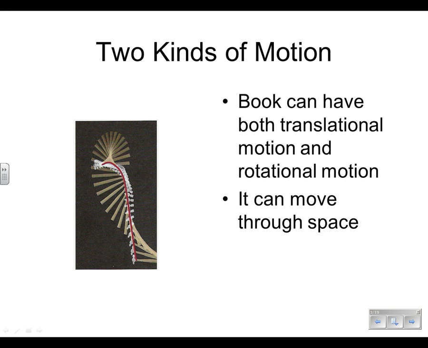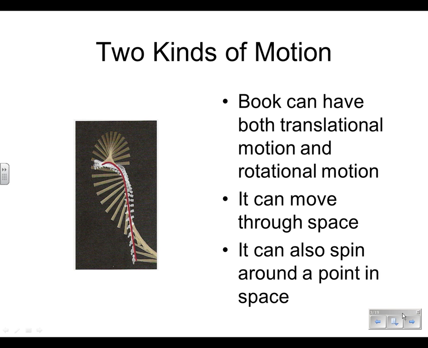It can move through space, that's the translational part. Those are all the rules we've talked about so far this year with forces and acceleration. But then it can also rotate around a point in space, and we've begun to analyze that motion with angular displacement, angular velocity, angular acceleration, and the angular kinematic equations.